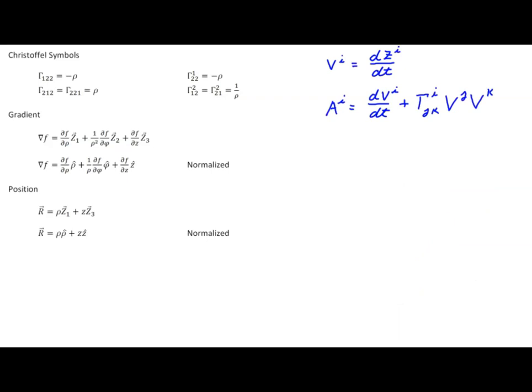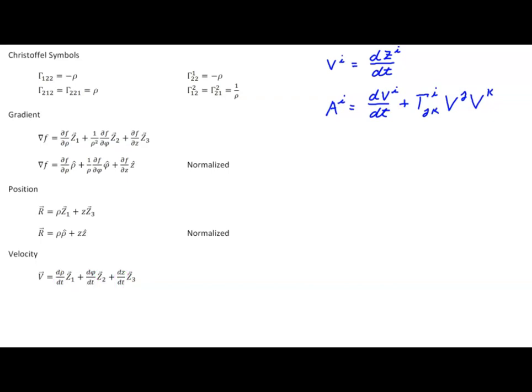And as always, the velocity vector is just a matter of forming a linear combination using each of our components derived respectively with respect to t. It's just a linear combination of each of our coordinate variables with respect to t combined with our basis vectors.